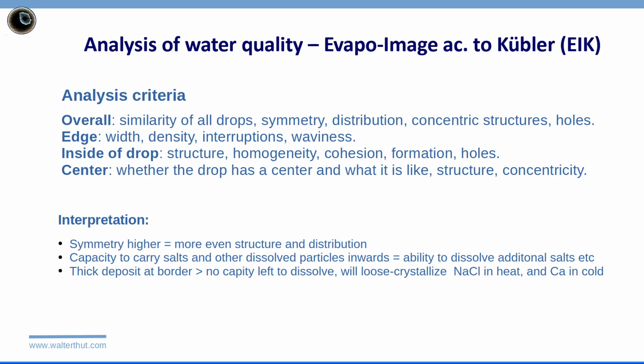I want to end this episode by just looking graphically at what is actually happening here in such a water drop. If you look at this first water drop here, you see the water drop is on a glass object which is hydrophilic, so it is well spread out.